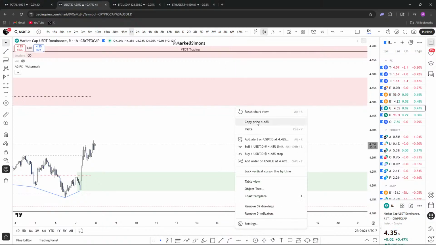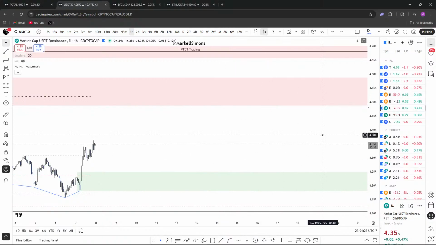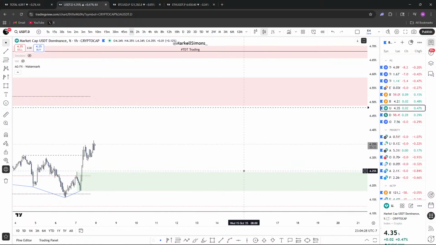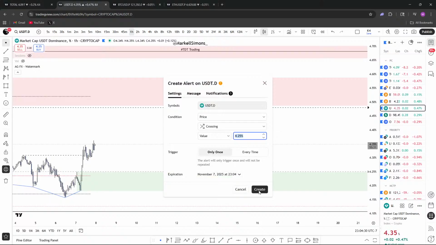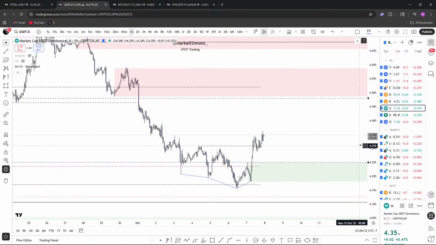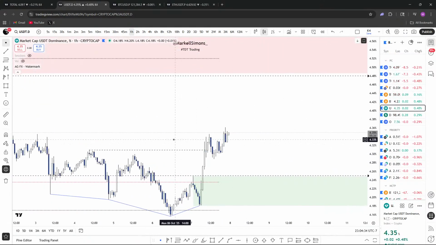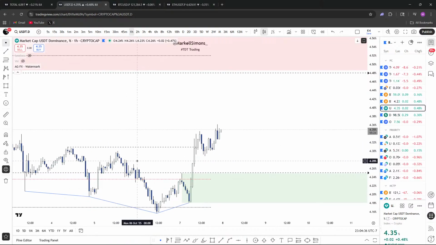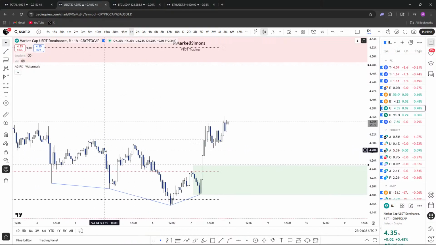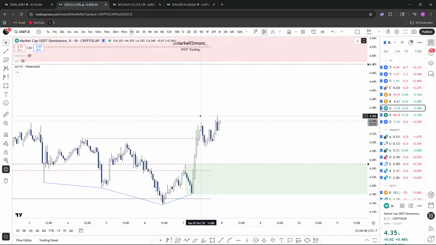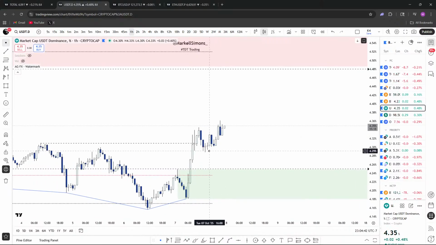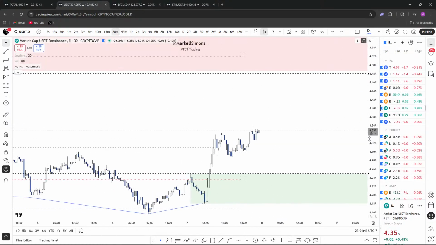Okay. I'm gonna set an alert right there, and I will set an alert at this demand POI. Right now we're kind of in the middle of nowhere, right? We're trying to break this market structure high, and we're currently creating a higher low for a higher high from the looks of it as of right now.